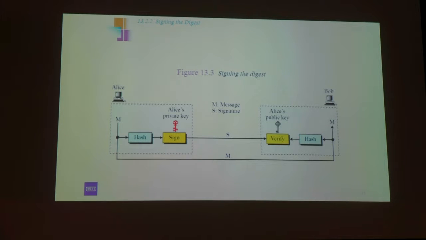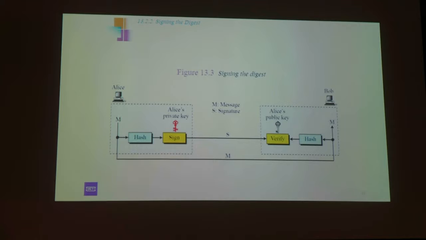What I'm trying to do here is just to verify that it's the person. So the simple thing to do is to create a digest of the message, and that will make it small. And then sign what? The digest, not the whole message.